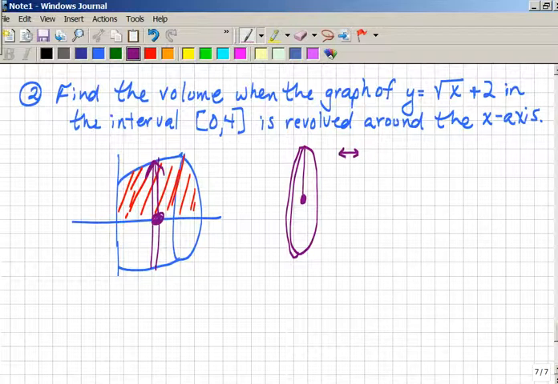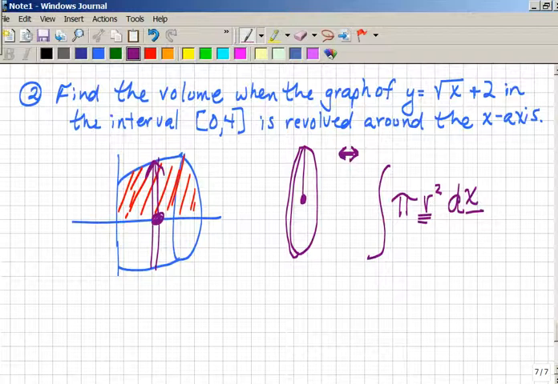So this integral is different. Whichever direction the thickness is going in, that is the variable we want to use. So to set up the integral, remember it's pi r squared, and then d variable represents the thickness. Well, this time the thickness is going left and right, which is in the x direction.